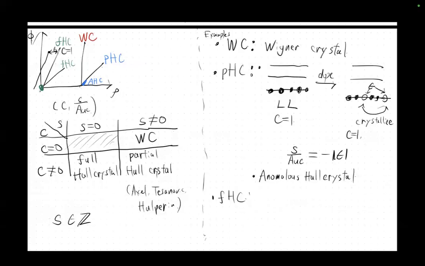Well, for full hole crystal, what we can do is we can again start from the lowest Landau level, fully filled, and now we can create particle hole pairs. So actually, let me add 4 electrons here. To create particle hole pairs, you can just excite some of the electrons into the first Landau level instead of the 0th Landau level.